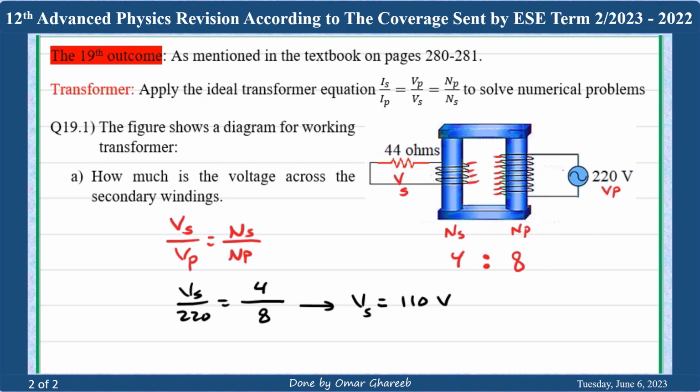Comparing this voltage with the primary, we see that the transformer is a step down. Since NS is less than NP, then VS is less than VP. That means step down transformer.